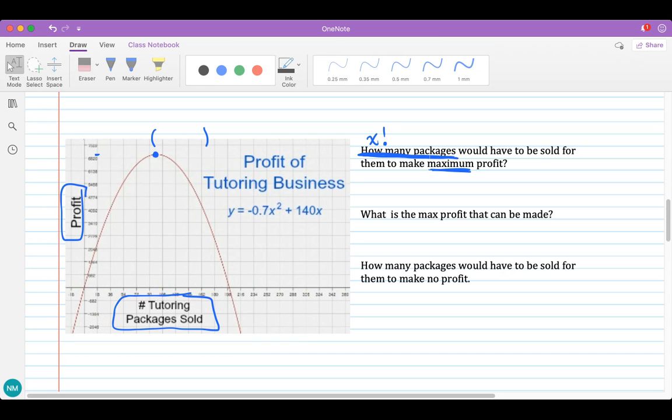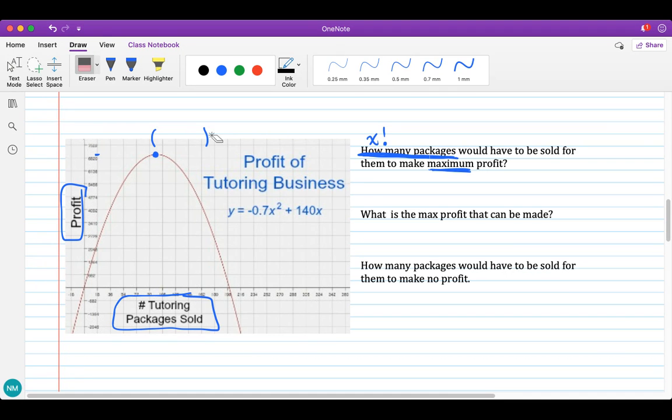You guys can't see it, but I'm putting it into Desmos. And the vertex is 107,000. So that means that this graph is not accurate to the actual function.